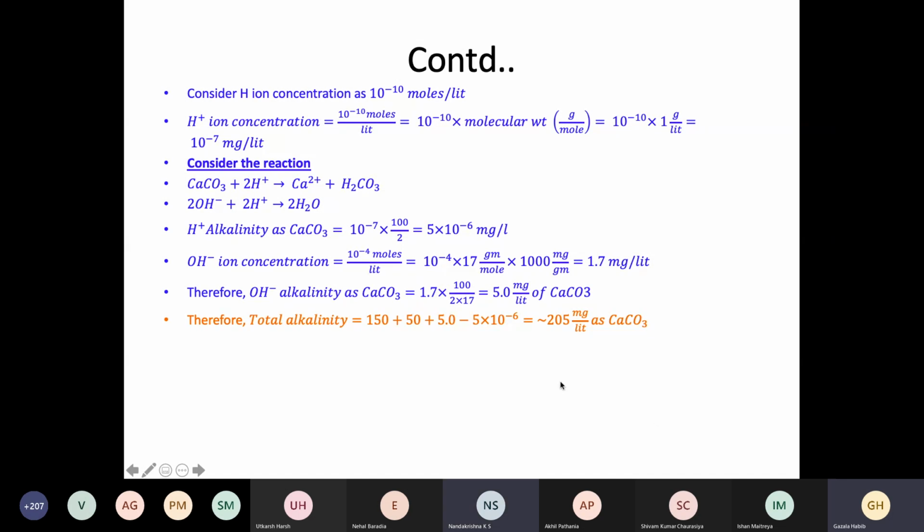Evolution of CO2 from CaCO3 and formation of Ca(OH)2, when CaCO3 decomposes to Ca(OH)2 and CO2.